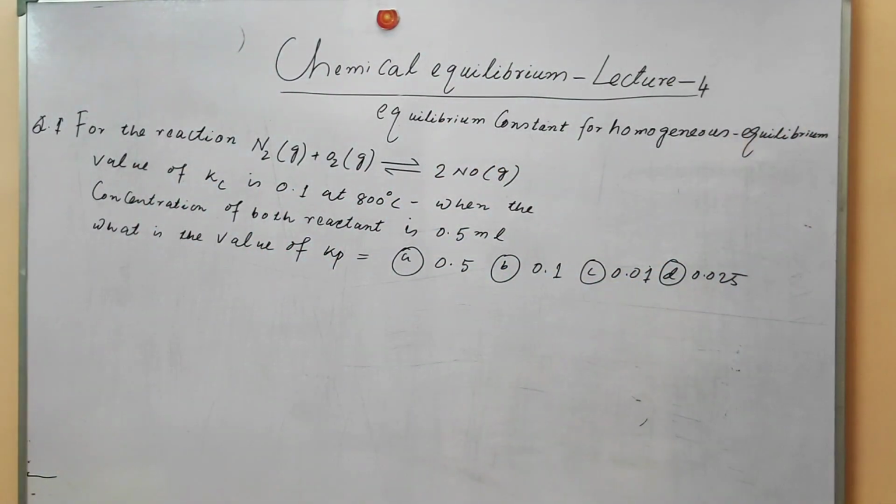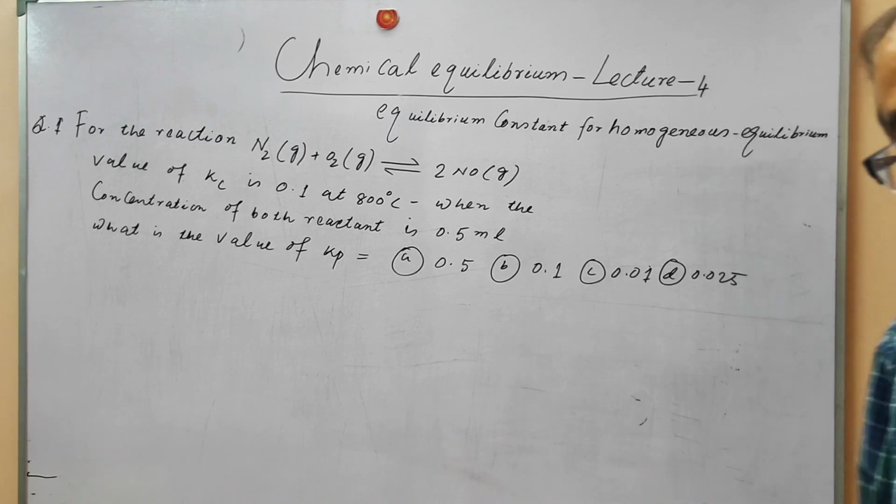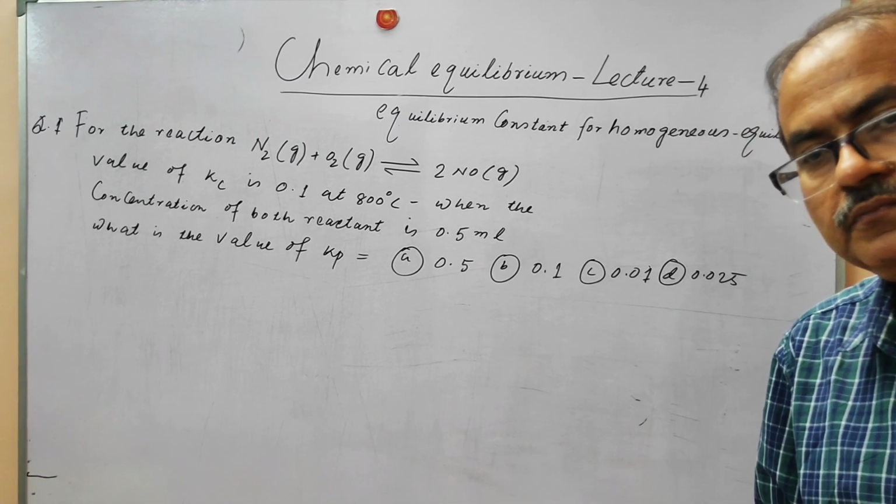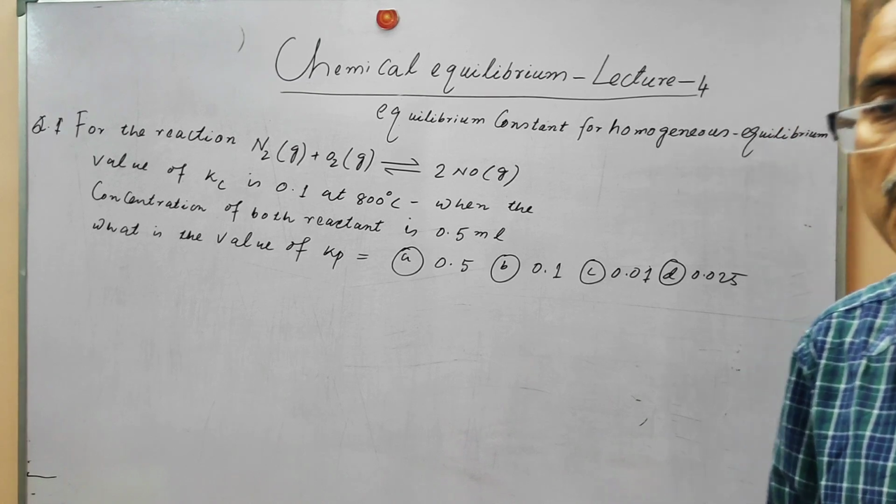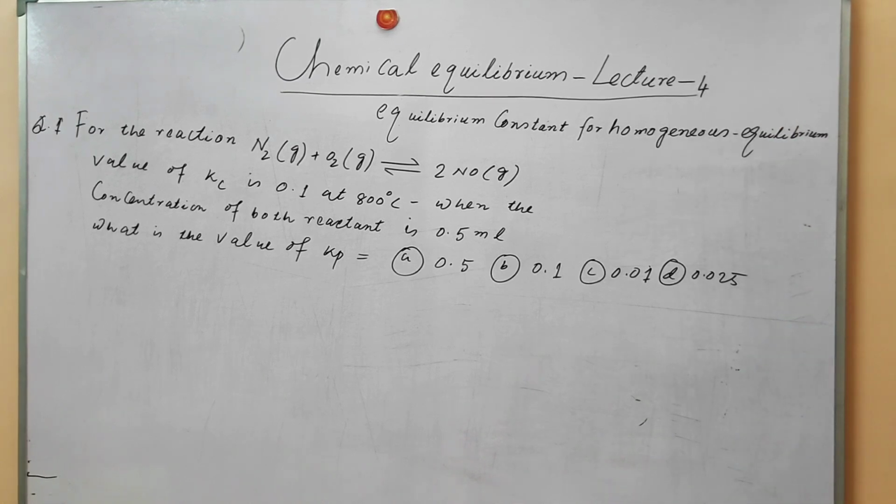This is the numerical you have been given for the reaction N2 gas plus O2 gas, which produces NO. It is a reversible balanced equation, and the value of Kc is 0.1 at 100 degrees Celsius, because the equilibrium constant is dependent on the temperature. If temperature changes, then the equilibrium constant will change.